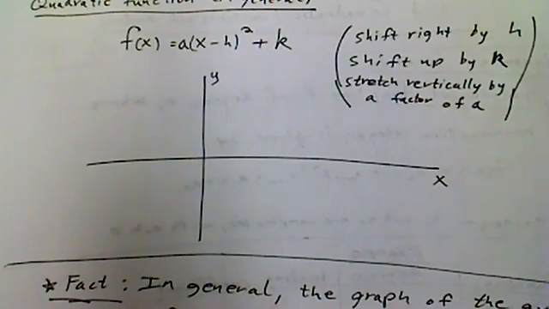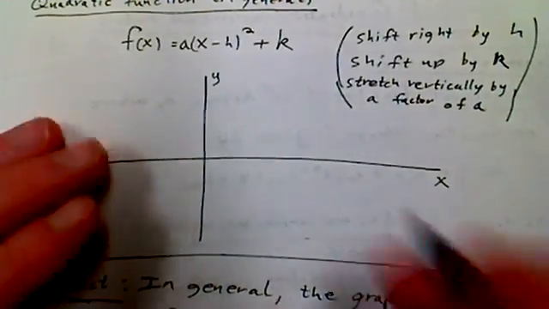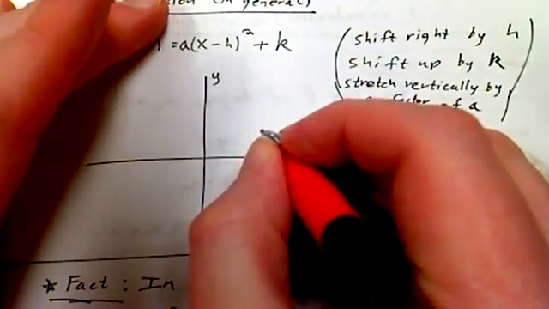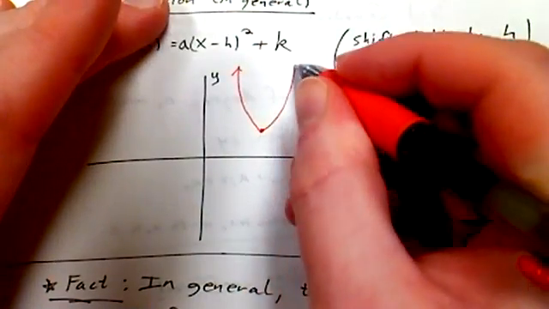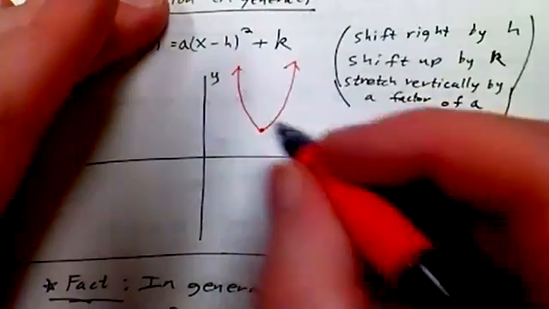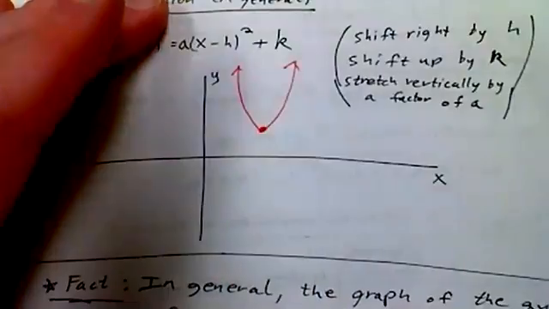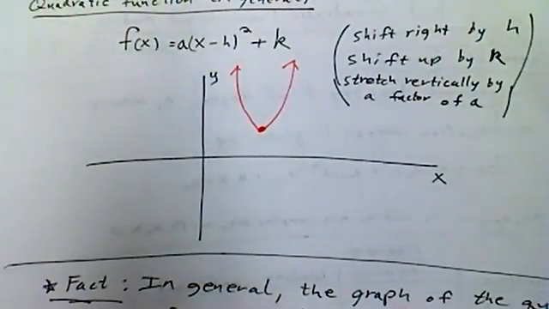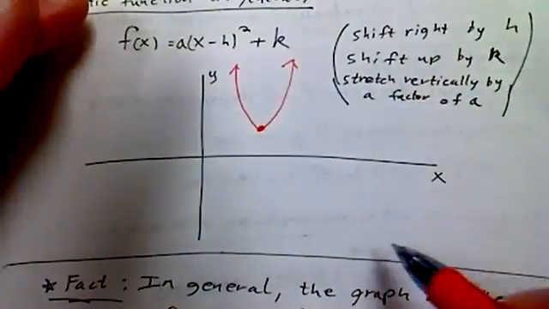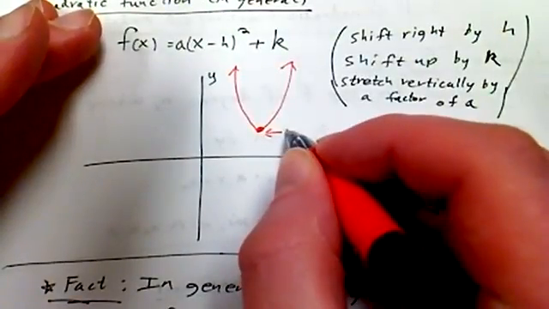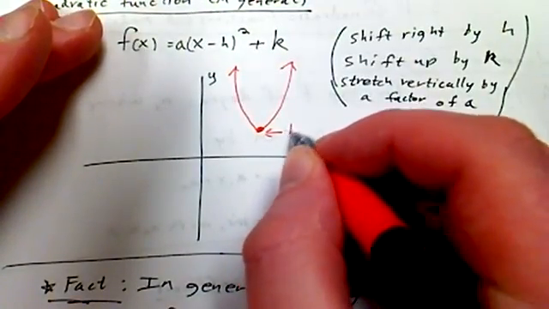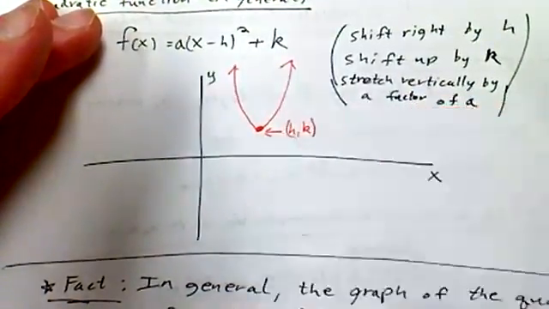Now, when we look at this in general, it may look maybe something like this, okay? So I want to get just a little bit of terminology here. Right here, the lowest point, or it could be the highest point if our shape was like this, if I had something like negative x squared. This lowest point right here is called the vertex, and it occurs at the point (h, k).